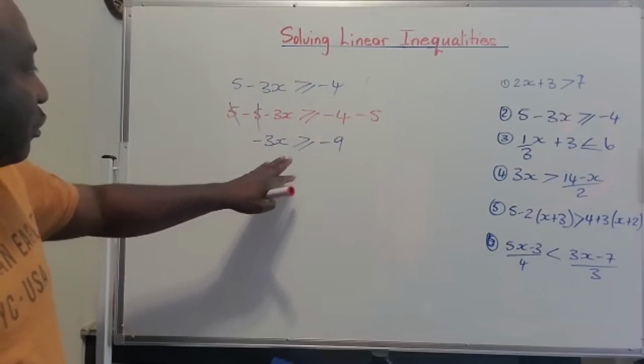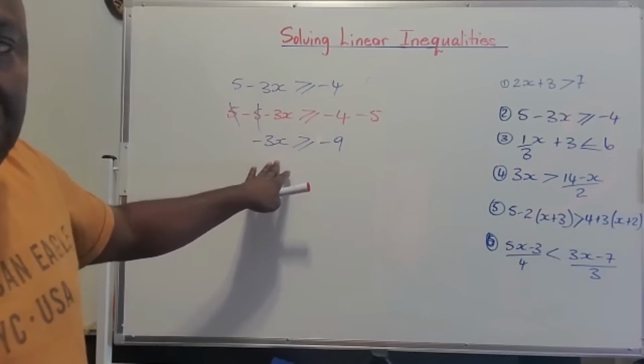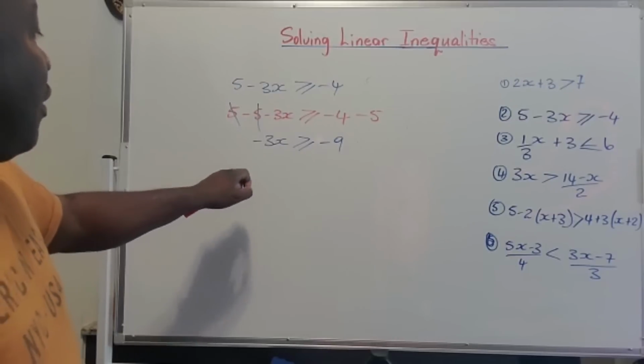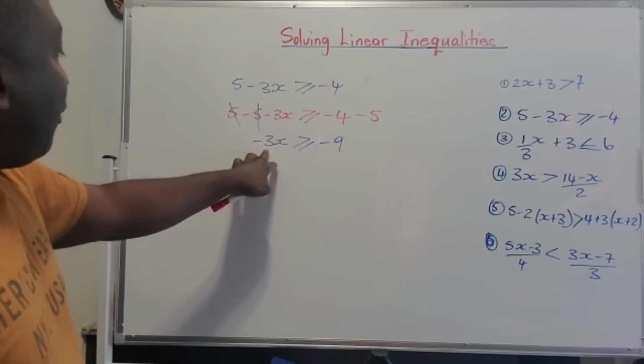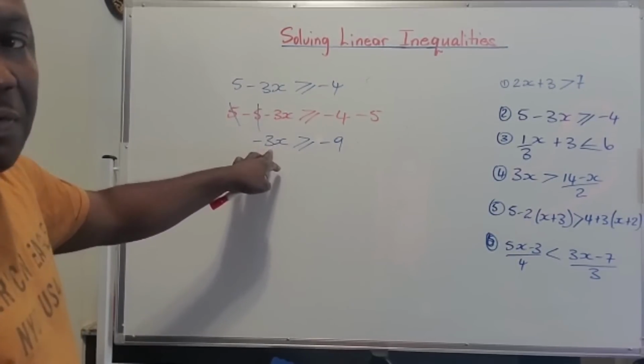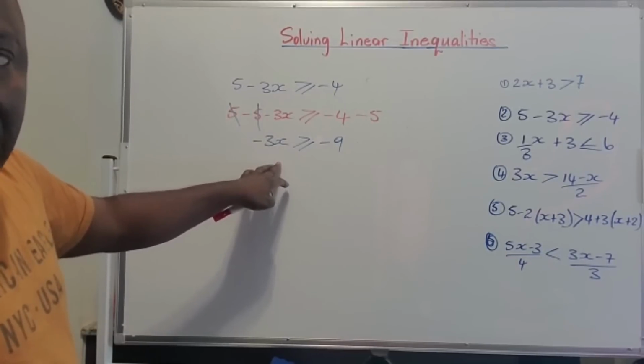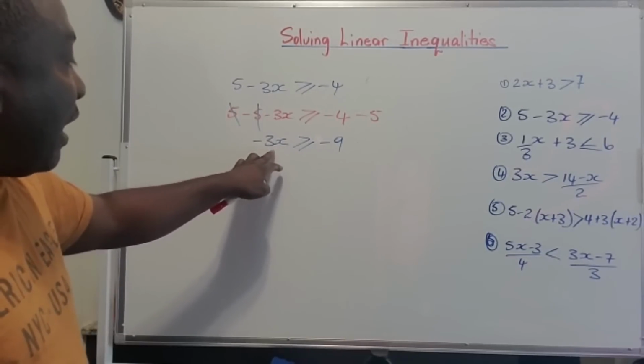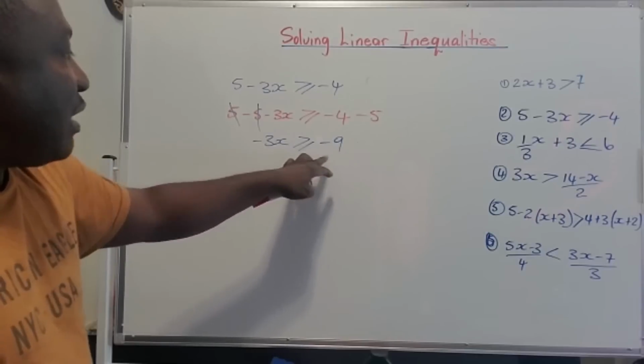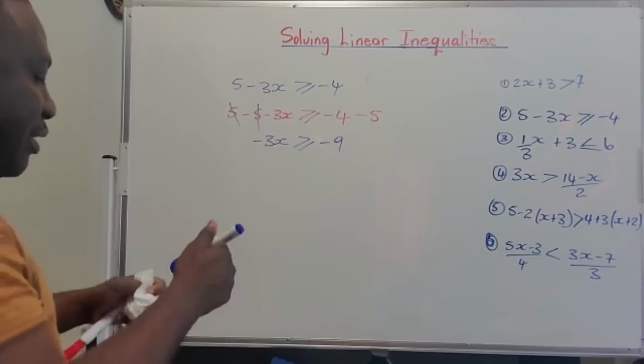Now I want you to pay careful attention here. The coefficient here is negative. Making x an independent variable means that we will have to divide both sides by negative 3.